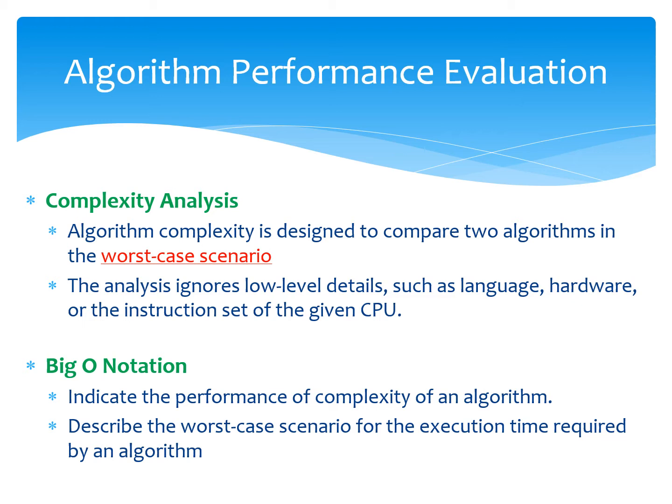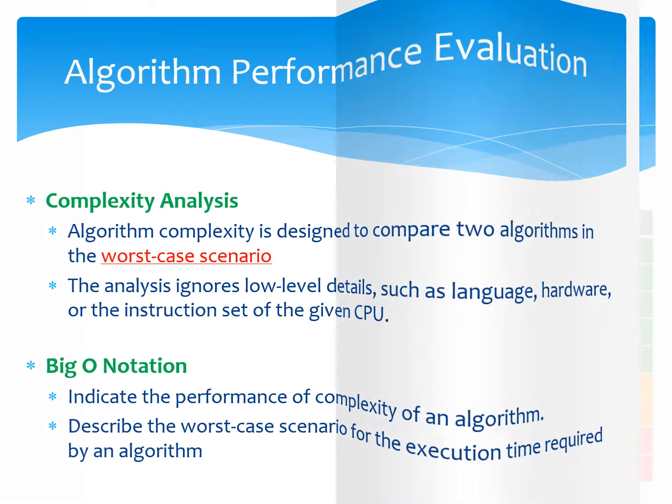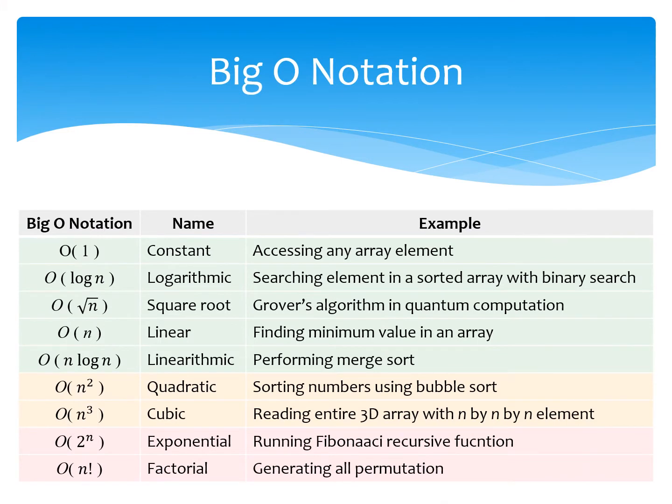To analyze the complexity of an algorithm, we use Big O notation to describe the worst-case scenario performance. Here, we list the most important 9 Big O notations with their names and examples. The Big O notation describes the time complexity of an algorithm when handling data of size n.